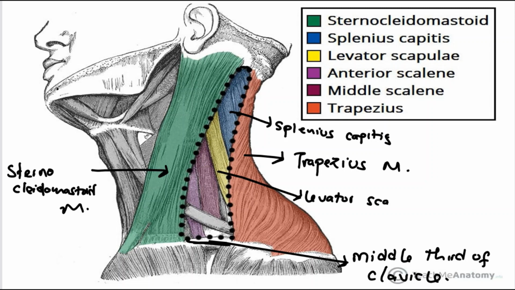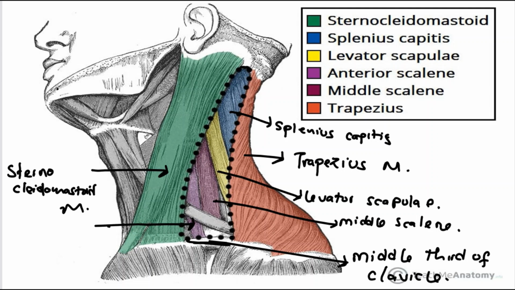Levator scapulae. Then you've got the middle scalene muscle. So this one here is the middle scalene muscle. And then you've got this muscle here, which is the anterior scalene muscle.